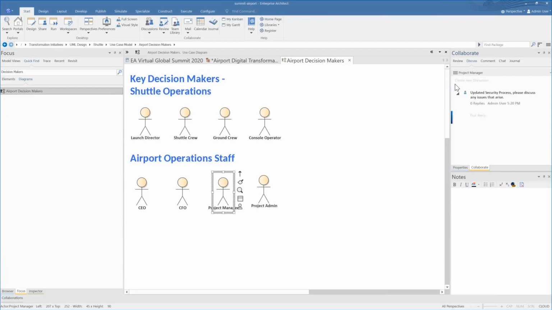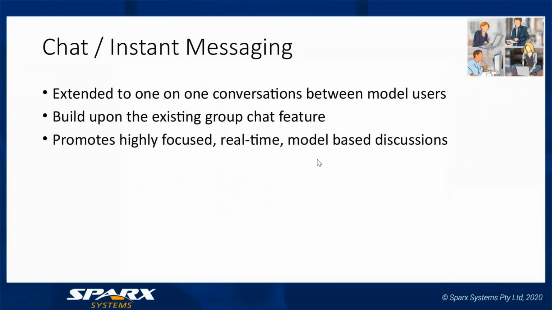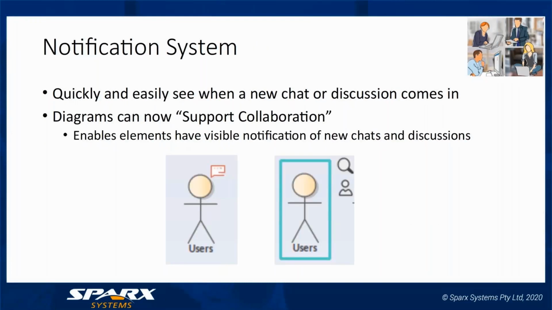So this is a really powerful mechanism for being able to get information you need when you need it, and to be able to communicate and collaborate with staff that are working on a project. Just as a reminder, we've got this notification system where you set up the properties and you can say support collaboration, so you are notified when messages come in.